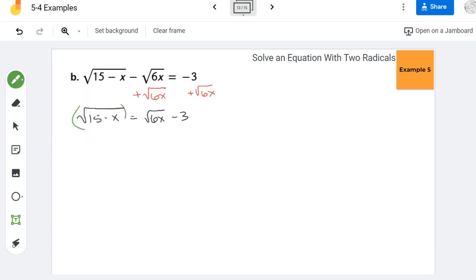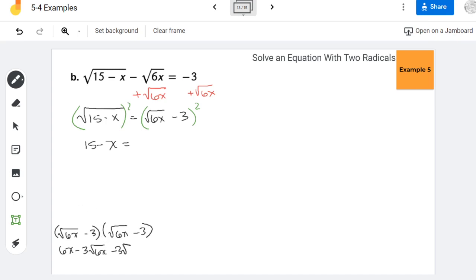To get rid of the radical, we square up. So I get 15 minus x equals, and we have to actually do that, which sucks, but there it is. So root 6x times root 6x is 6x. Root 6x times negative 3 is negative 3 root 6x.